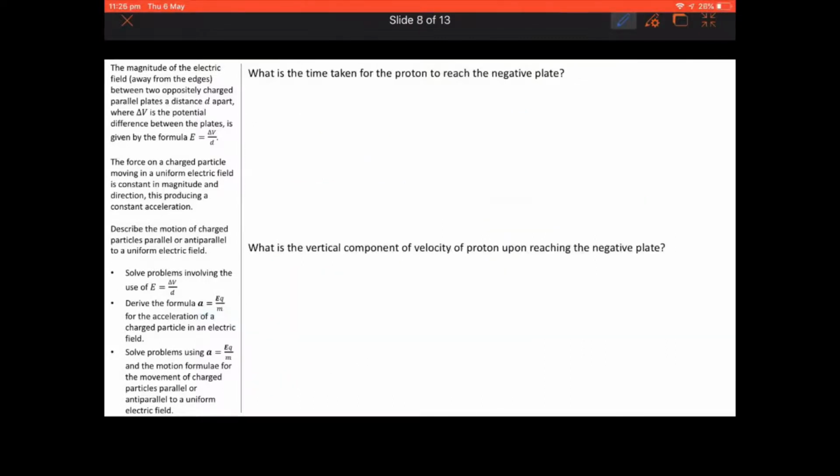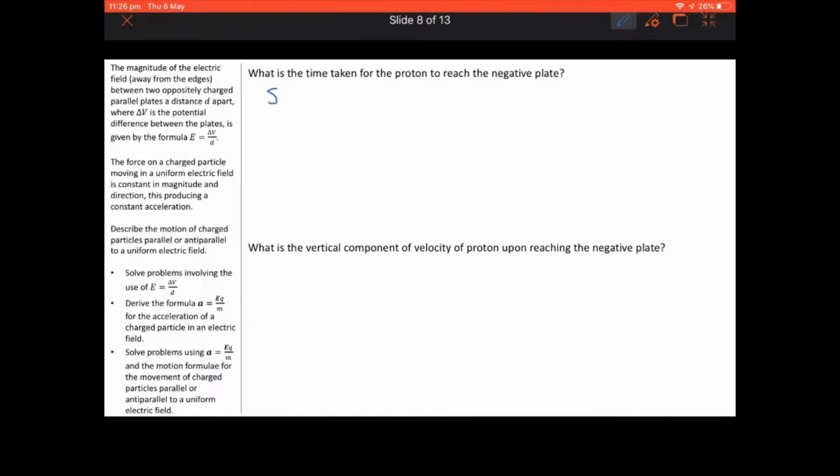Now I want to know, what is the time taken for the proton to reach the negative plate? And this is where we can use our kinematic equations. The time taken can be found by using this equation here.